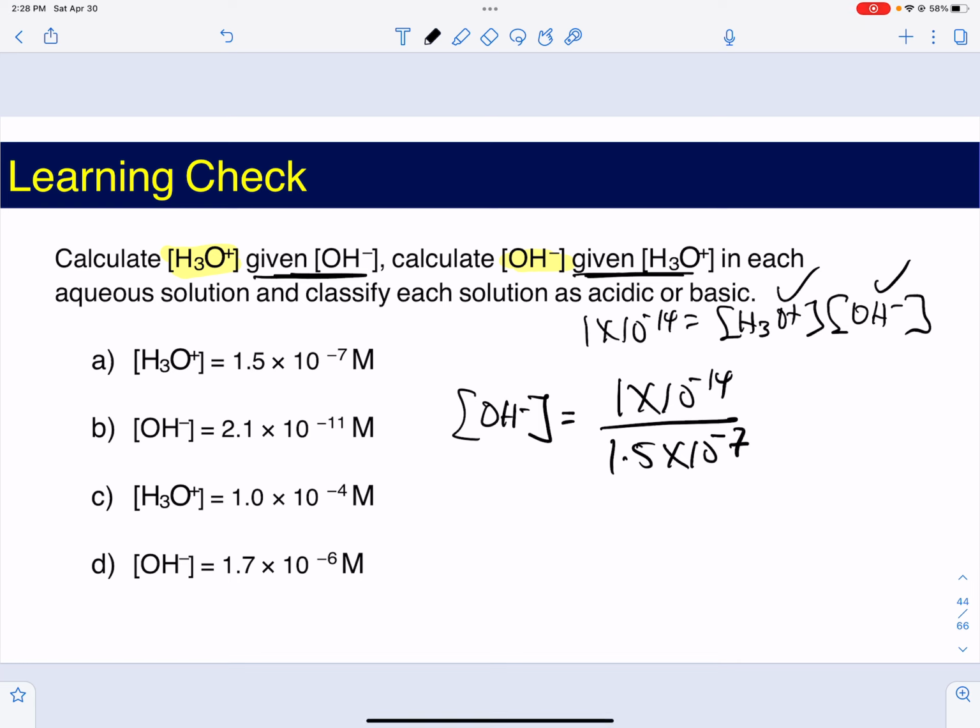And be careful, make sure you know how to use your calculator when you divide with scientific notation. So 1 times 10 to the minus 14 divided by 1.5 times 10 to the minus 7. Let me do that again.